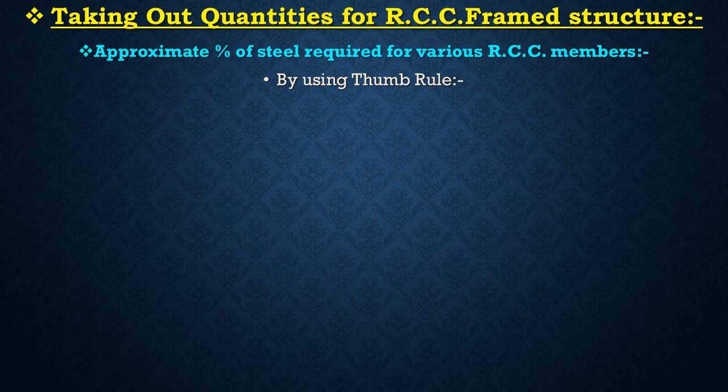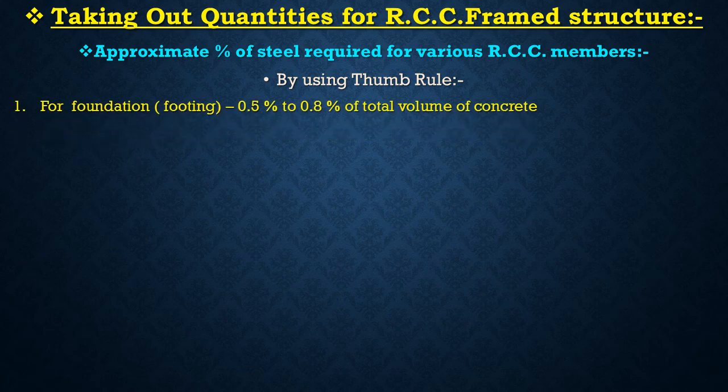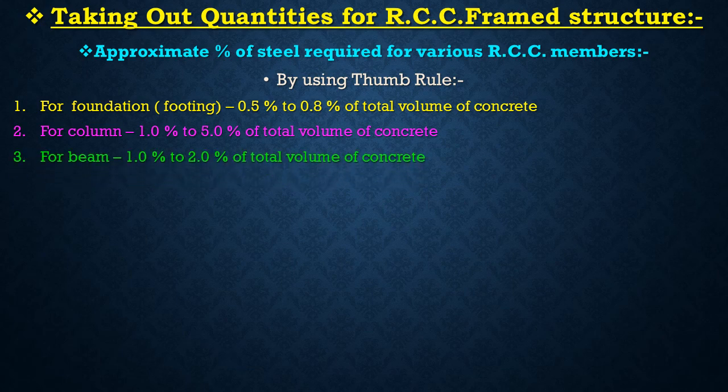So let's look at them one by one. For foundation footing, 0.5% to 0.8% of total volume of concrete. Second, for column, 1% to 5% of total volume of concrete. Third, for beam, 1% to 2% of total volume of concrete.